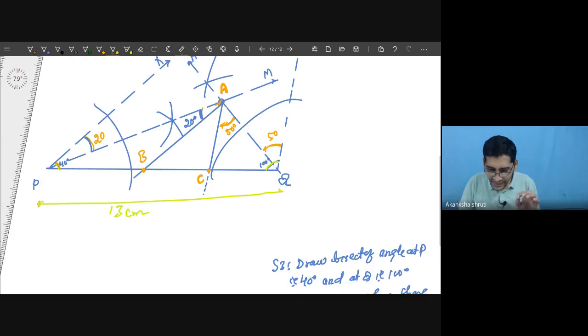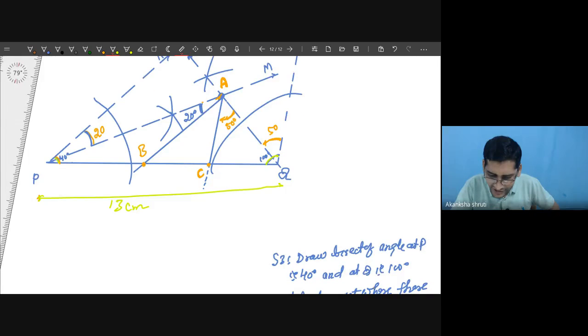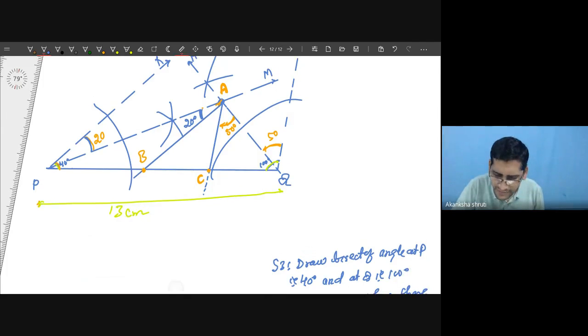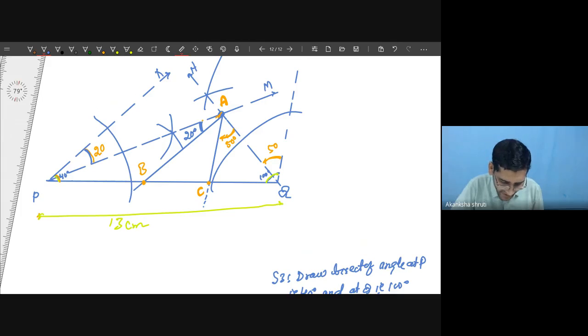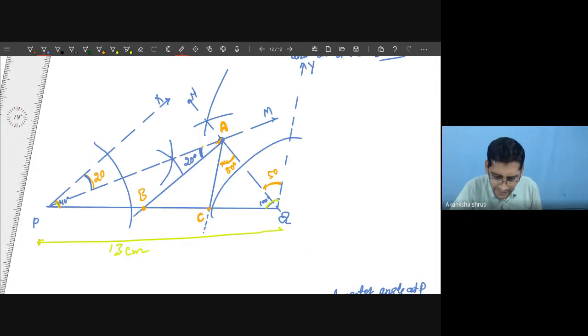Then from A we are drawing two other sides. AB. AB is on the side of P because the angle at B that we have taken is 20 degree, which is half of the angle that we have drawn at P. Student, here we are observing that this PA is like a transversal, and AB and PX are parallel lines.